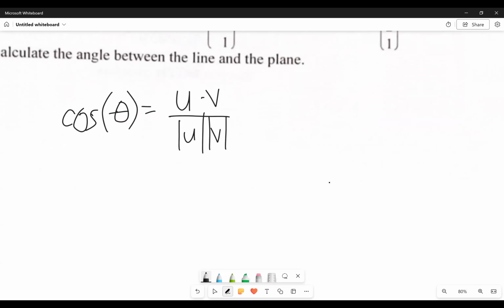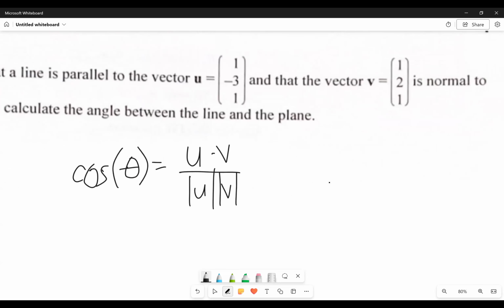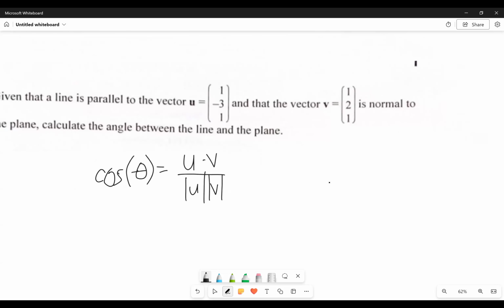But I want to show something about this. Given that a line is parallel to the vector u, so let's imagine the line goes like this. And it says that the vector v is normal to the plane. So there is a plane like this, and the normal looks like this, right? So v is the normal, this is u.